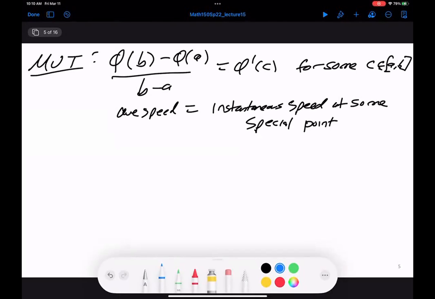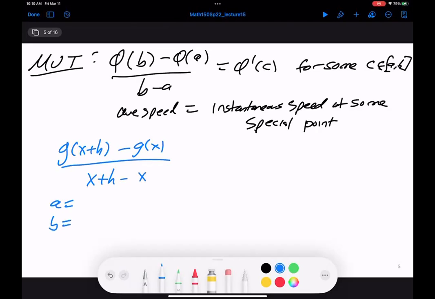Okay, so let's see what's going on. Let's look at g of x plus h minus g of x over x plus h minus x. Here, let's figure out what is a, what is b, and what is our function phi.